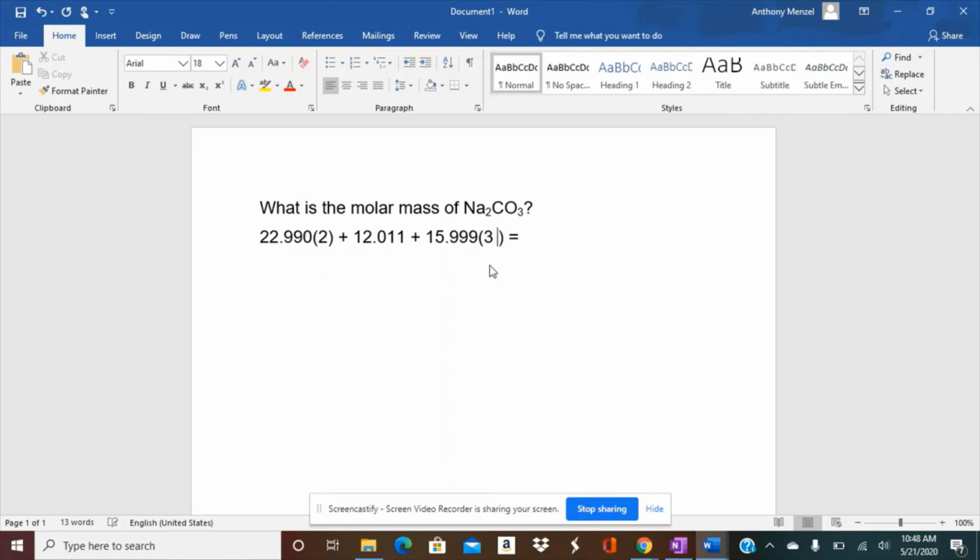And our molar mass of sodium carbonate, Na2CO3, ends up being 105.988 grams per mole.